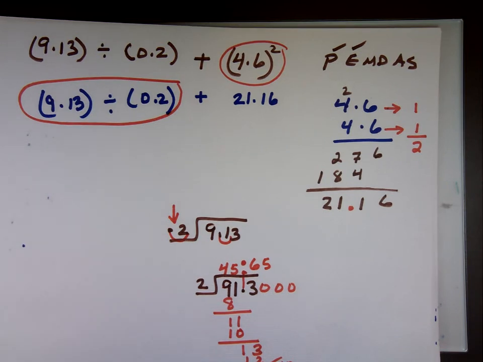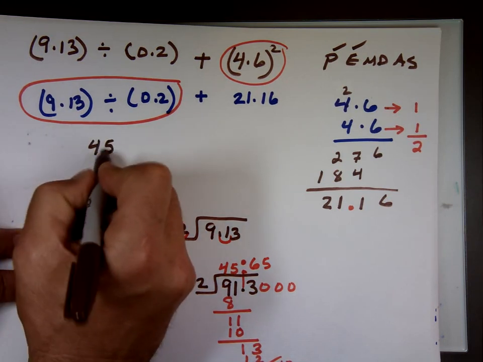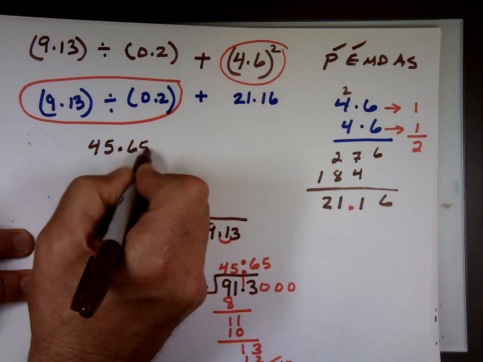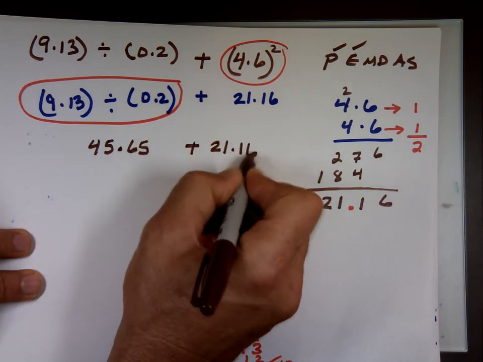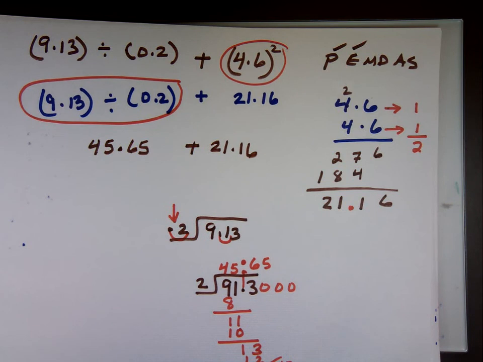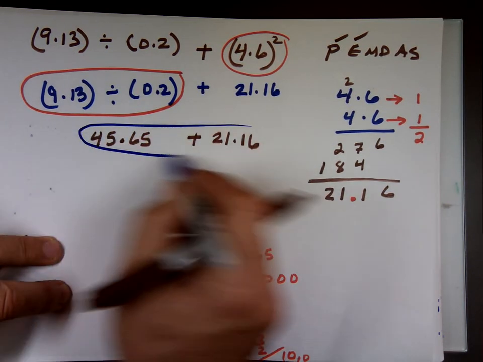So the answer to this piece now is 45.65. I want to add to it 21.16. And what's the last operation? Add these guys. When you add them, you line up what?